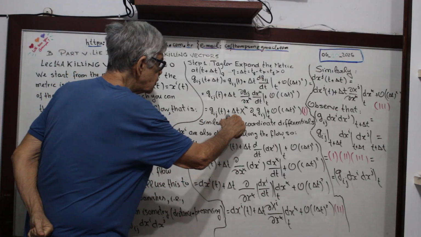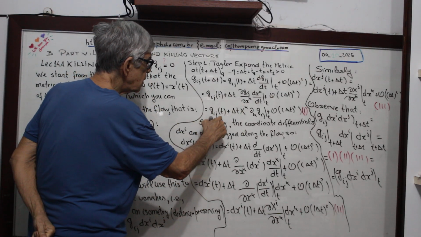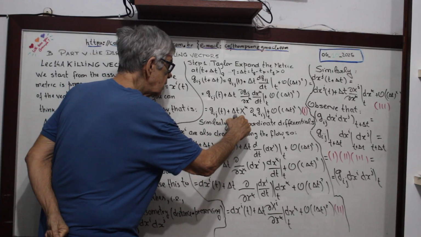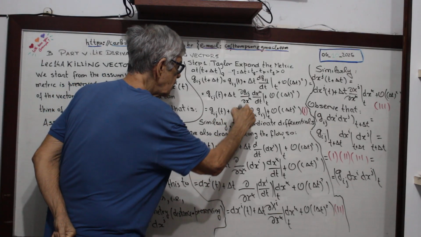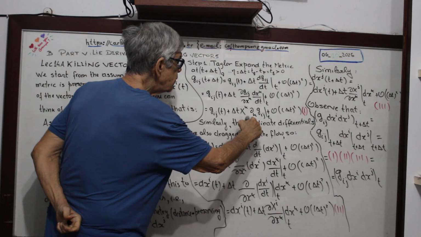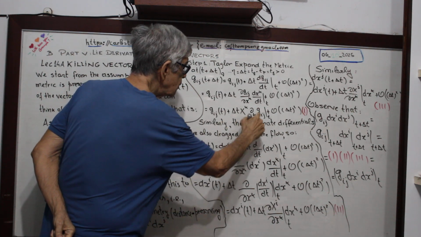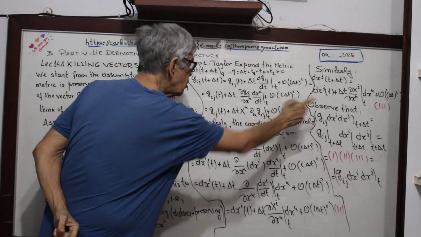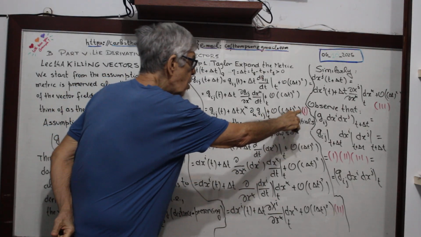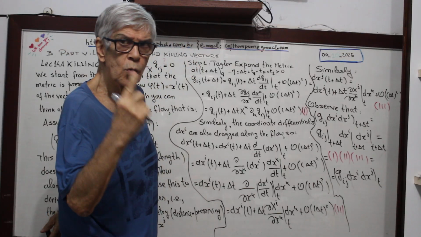So I just substitute here. g_ij at t plus delta t equals g_ij at t plus delta t, X^k, partial derivative with respect to x^k of g_ij at t, plus order of delta t squared. I call this relation 1.